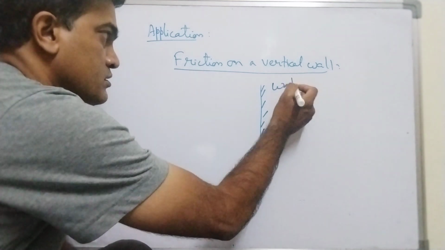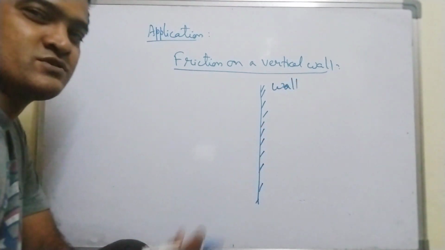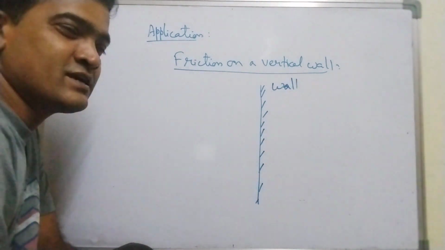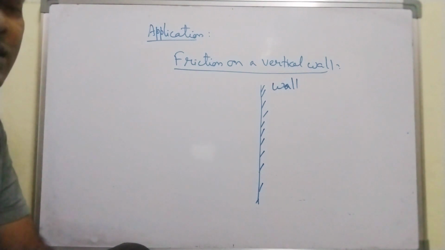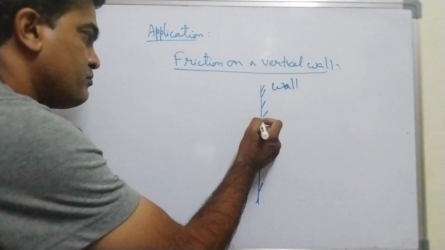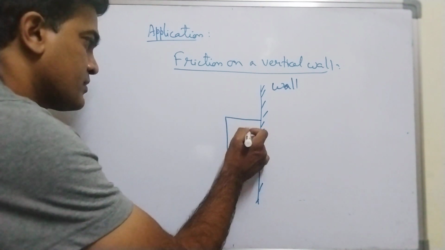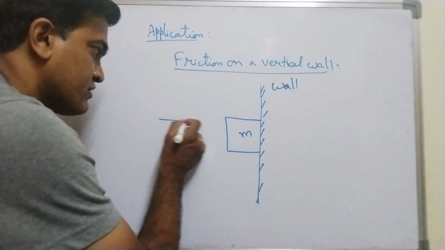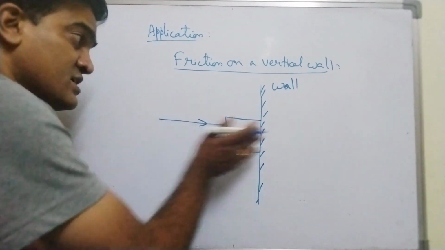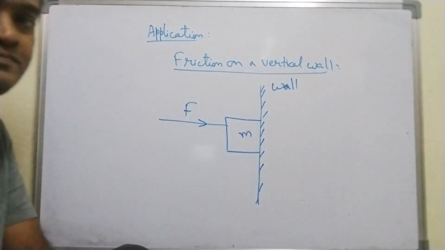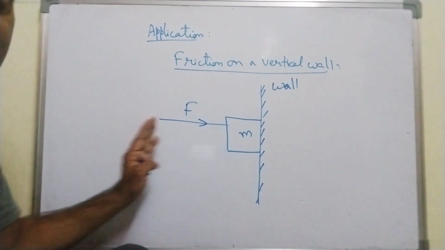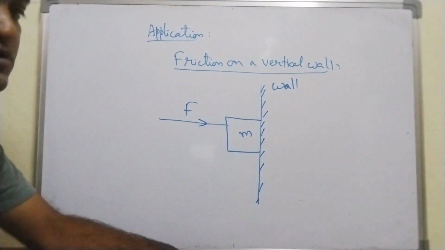This is the wall. Of course, a wall is always vertical, right? What I am doing is I have placed a block of mass m and I am applying a force F. I am pressing the block, or I am pushing the block with a force F.